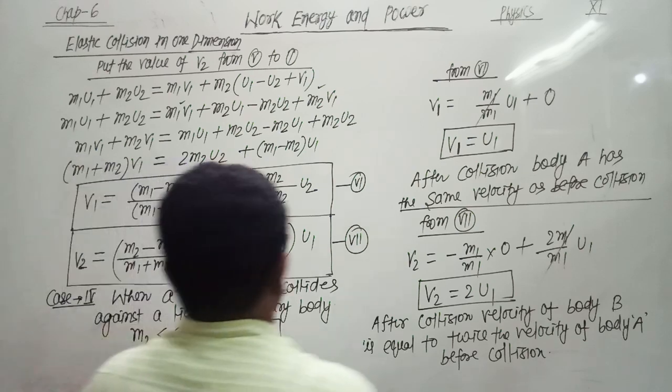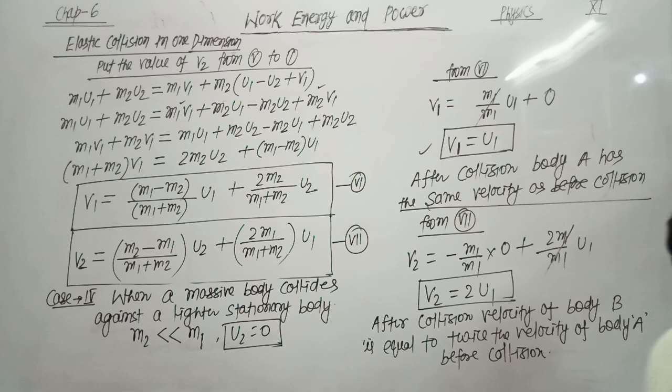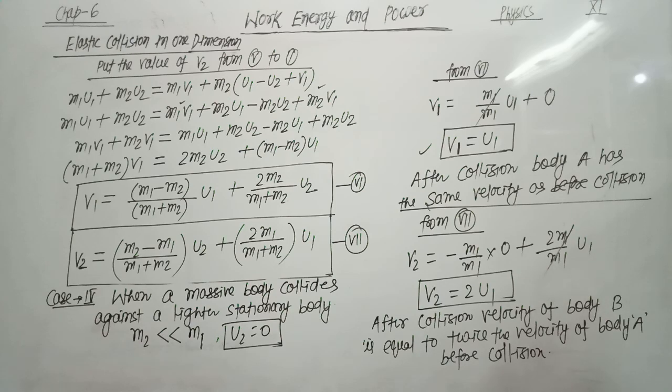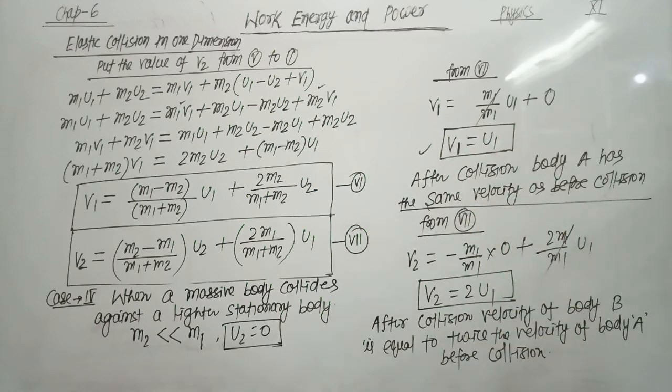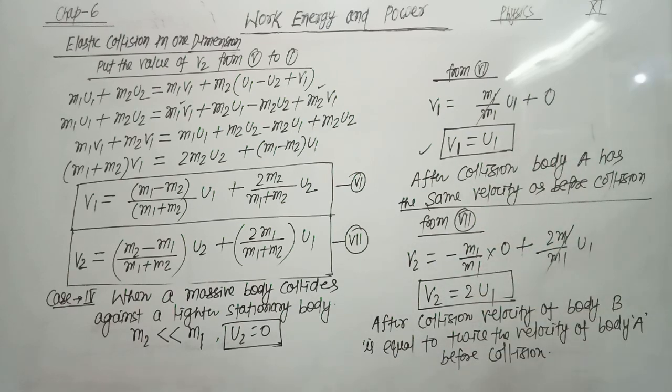So from equation number 6 we get V1 equals U1, means the velocity of body A after collision gets unaffected. After collision, the velocity of body A is equal to the velocity of body A before collision.